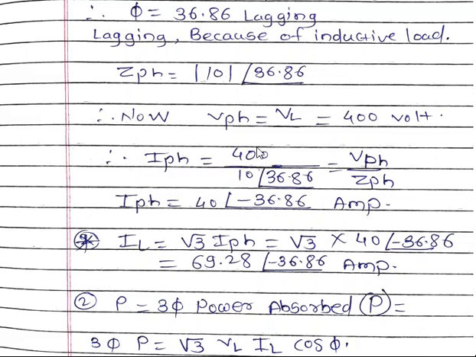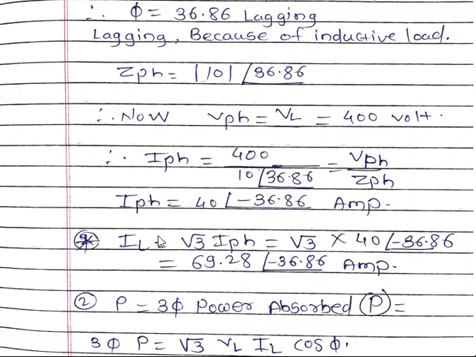The division of 400 divided by 10 is equal to 40, but the angle of phase voltage is 0 degree. Therefore, when we transfer the angle of 36.86 to the numerator, then it will be minus. Therefore, here we write minus 36.86 degree. The current is 40 ampere and the angle is minus 36.86 degree, which means the phase current lags behind the supply voltage or phase voltage.